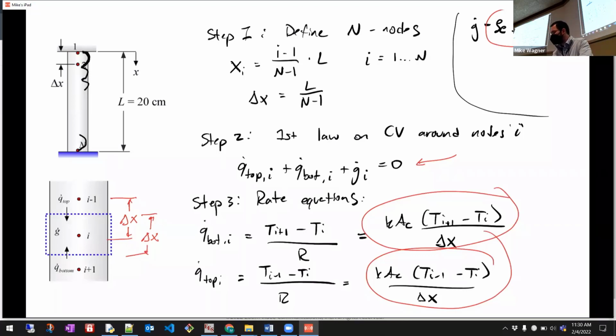So this equation is valid for I in what range of I's? It's going to be from node 2 to node n minus 1, right? So now we've got n minus 2 equations. We do this for every single node I. We need 2 more equations in order to solve this.